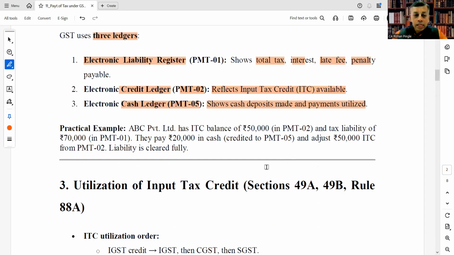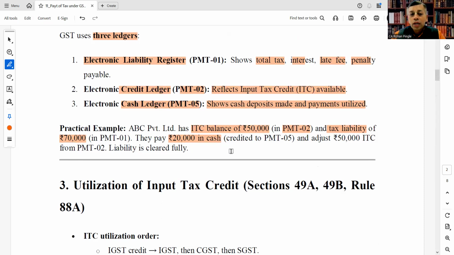Let's see a practical example. ABC Private Limited has an ITC balance of rupees 50,000 in PMT-02, that is the electronic credit ledger, and a tax liability of rupees 70,000 in PMT-01, that is the electronic liability register. Liability is 70,000, credit is 50,000, so rupees 20,000 needs to be paid by cash.